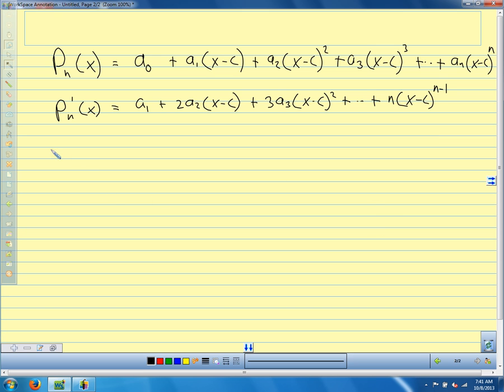And we're going to continue taking derivatives. P double prime. We're trying to see a pattern here so we can determine these constants. So we end up with 2a sub 2 plus, and I'm going to write the 2 in front here, and then we keep going.